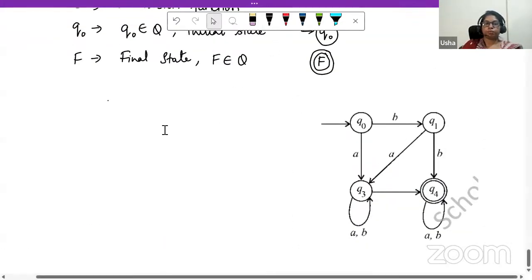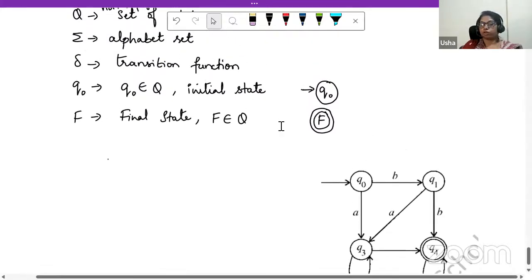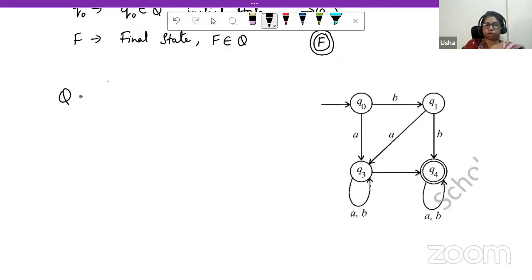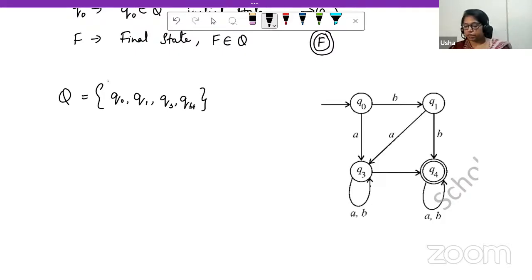What is Q? Q is the set of all states. So you have Q naught and then Q1. Q2 is not there. We have Q3 and Q4. This is the set of states.